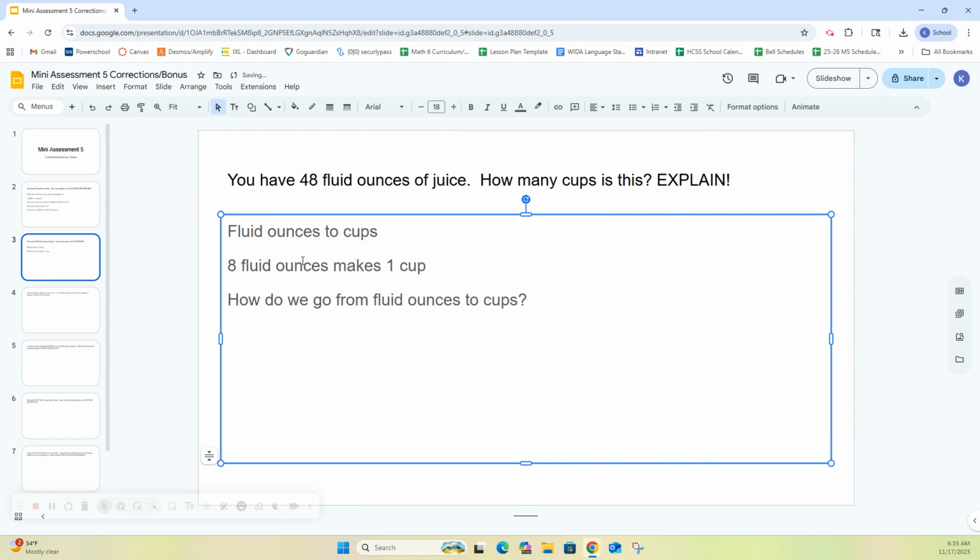That is correct. We divide by 8 to go from 8 fluid ounces to 1 cup. So let's do that. 48 fluid ounces divided by 8 is 6 cups. Therefore, 6 cups makes 48 fluid ounces. All right, let's keep going.